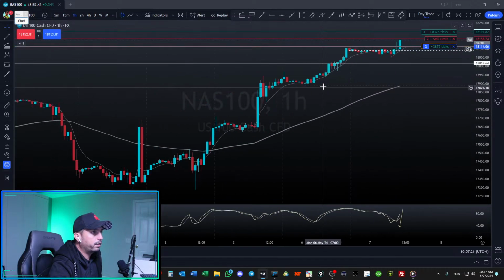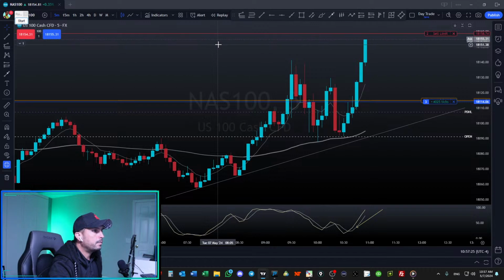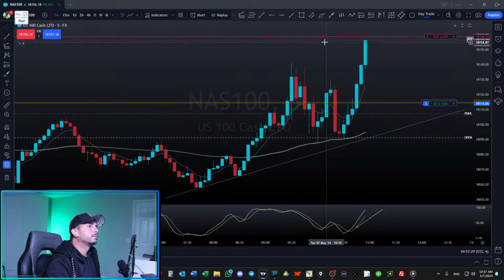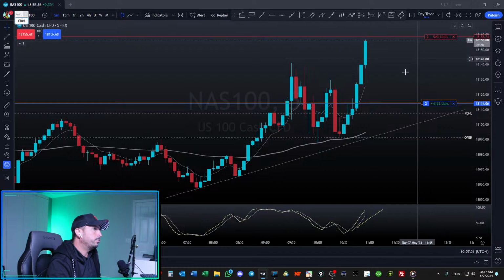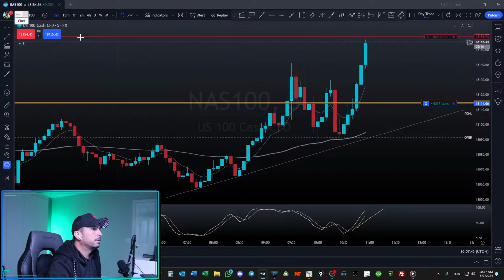It's a pretty good area, and more than likely it's going to catch it right there. I wouldn't mind just doing market on those. I'm going to leave it.